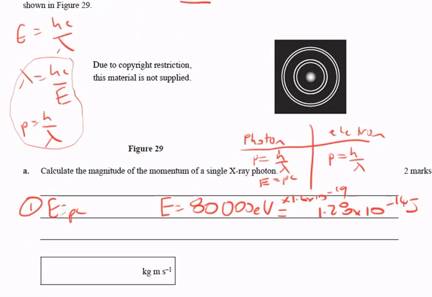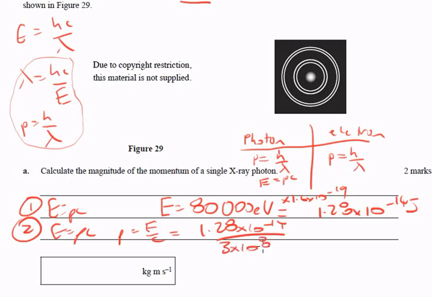Okay, so my energy is now in joules. I can now use the formula. E equals Pc, P equals E on C, which equals 1.28 by 10 to the minus 14 divided by C, same as always, 3 by 10 to the 8, which gives me 4.26 by 10 to the minus 23.